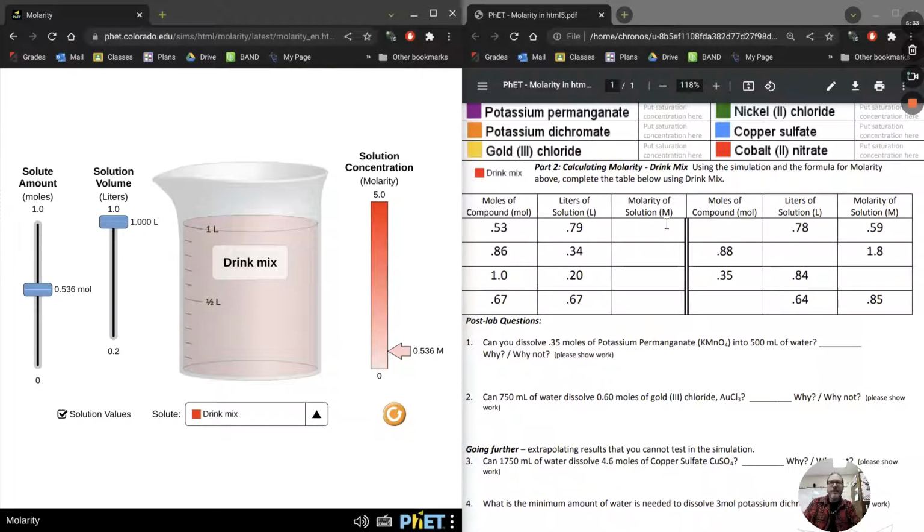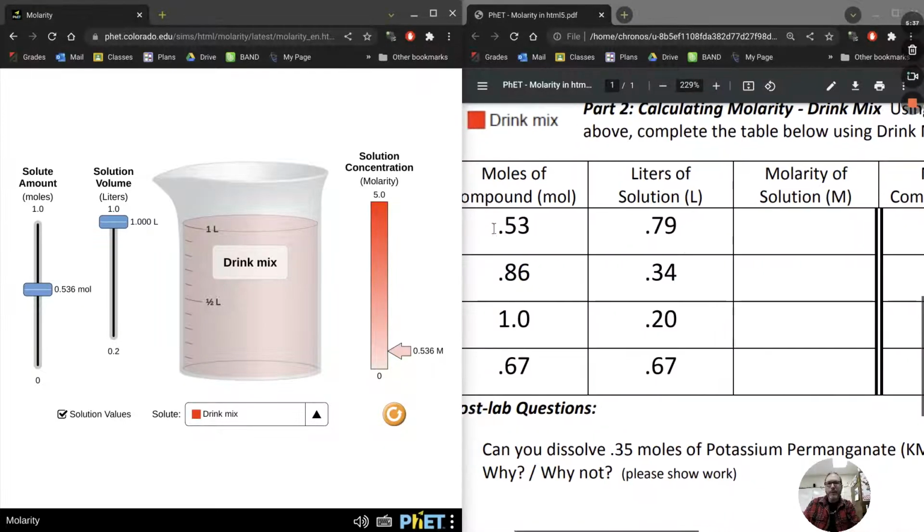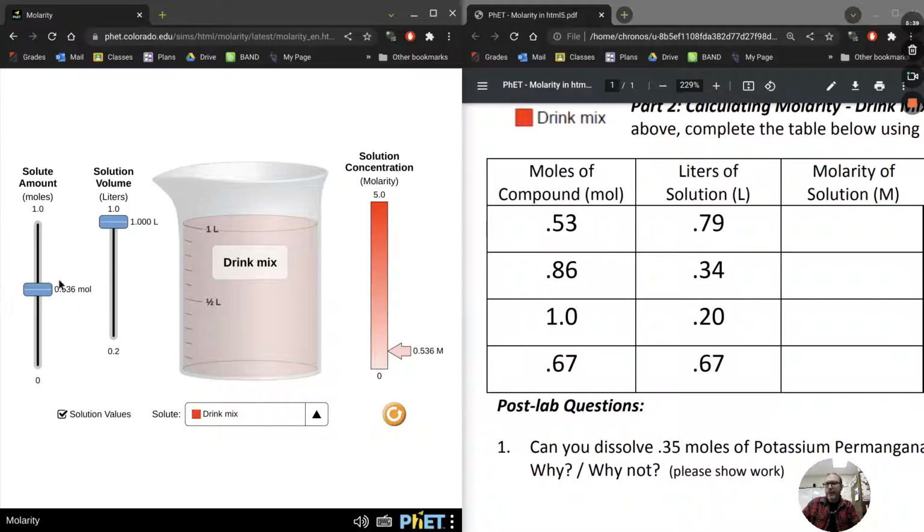So instead of mathing this out, I'm going to set my moles of compound to 0.53. I'm going to get it as close as I can get it. You might not be able to get it right at 0.53. If you can't, then just do your best. I'm having a really hard time fiddling this just right. I think 0.531 might be my best bet, and that's going to be close enough to get a good answer.